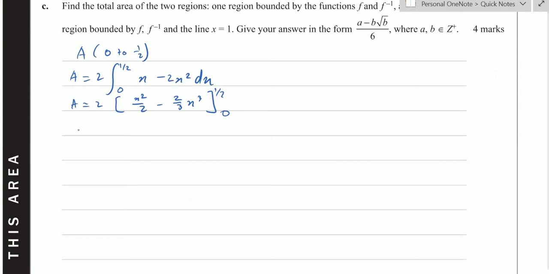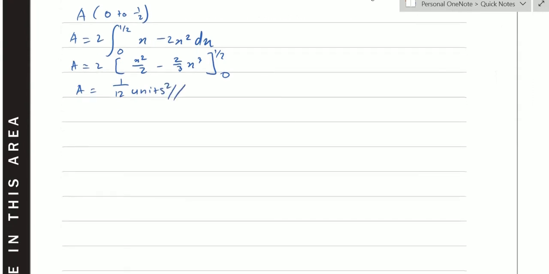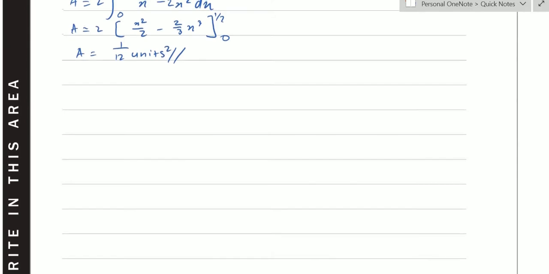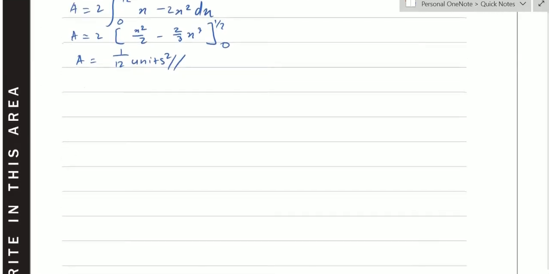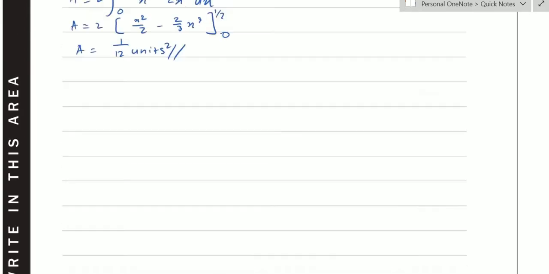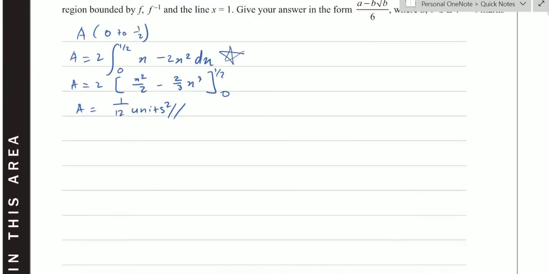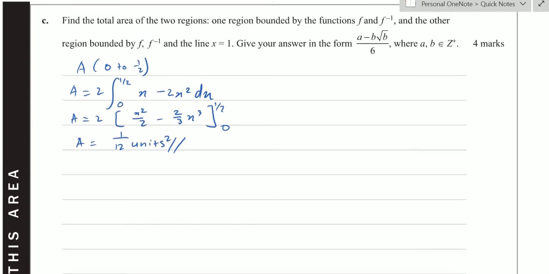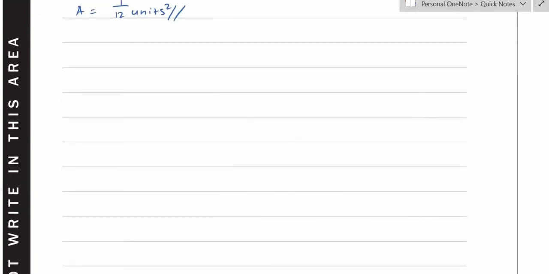And if you simplify that, you get 1 on 12 units squared, just because they didn't tell us what the units were. And also it's an area. An area usually has units. Like if they asked us to just integrate this, then I wouldn't have put units. But since it's asking for the area, just good to have units, I guess.